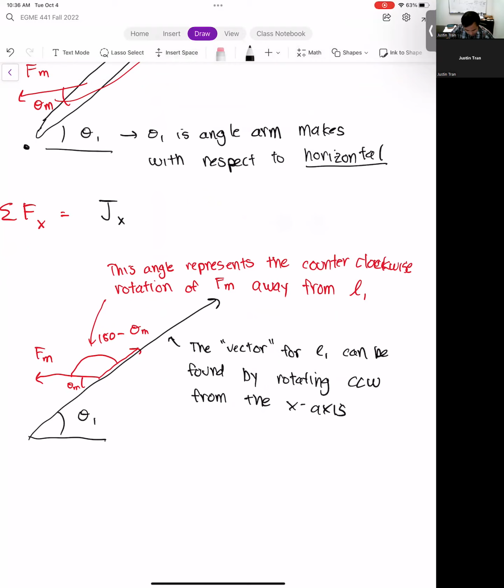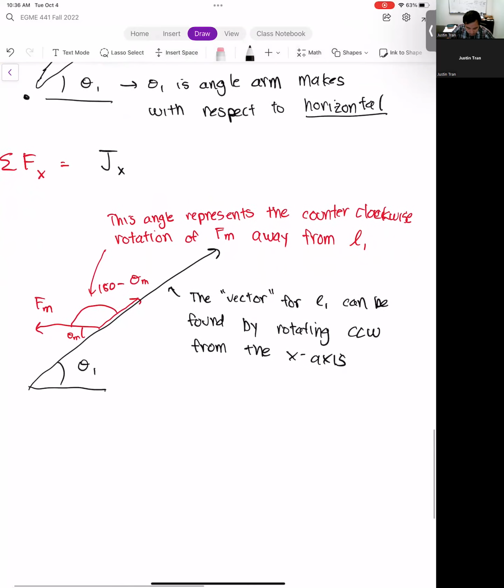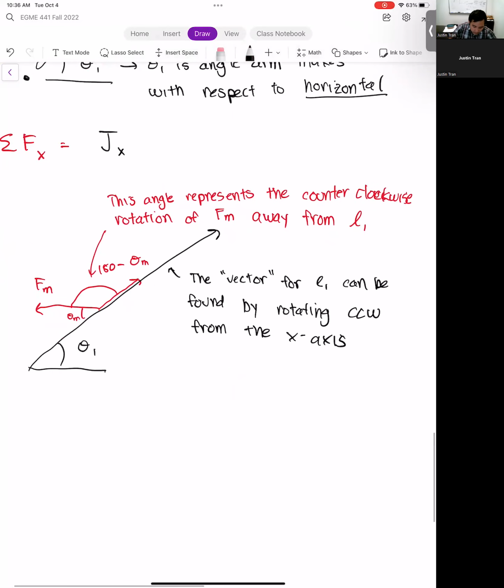All right. This is kind of a long path to get here, but now that we've defined these angles in this way, we can see that the FM is going to make a total rotation of the sum of these two angles.